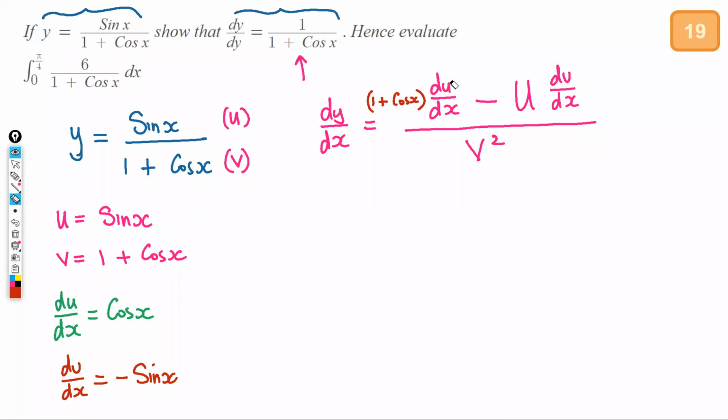Let me erase the du dx. du dx is cosine x minus u. How much is the letter u? You're going to get sine x. And dv dx, dv dx is minus sine x. And then we have to put v squared underneath here. Oh God, this is going to be crazy. v squared.